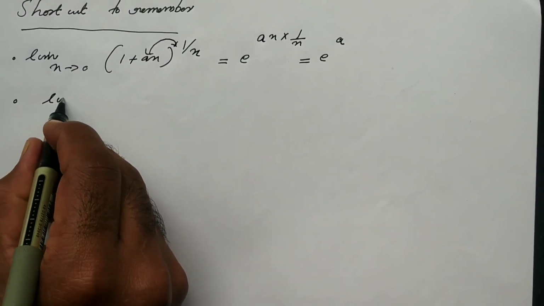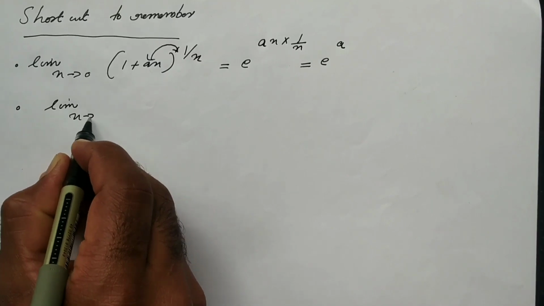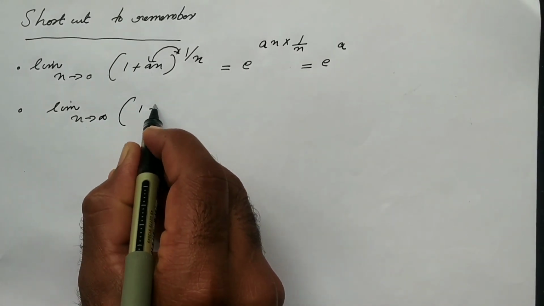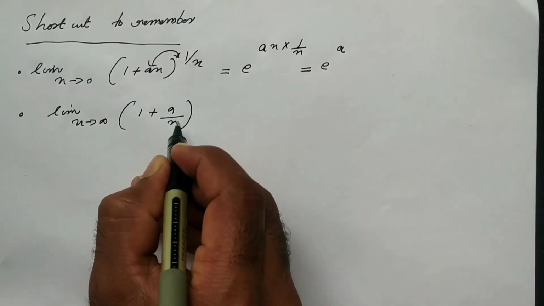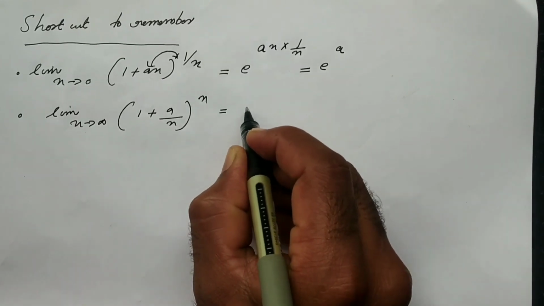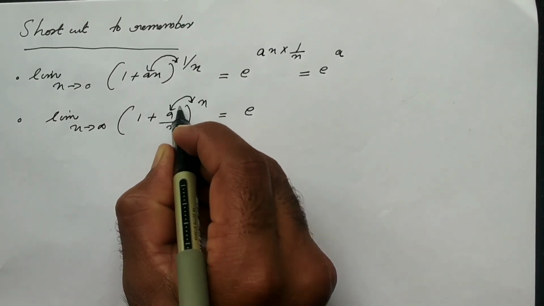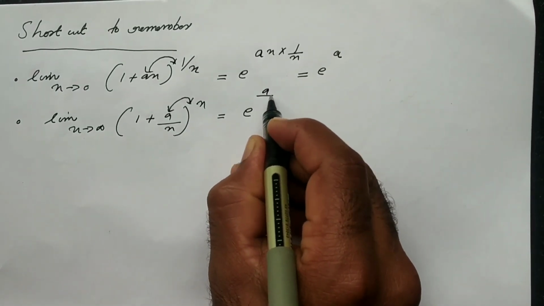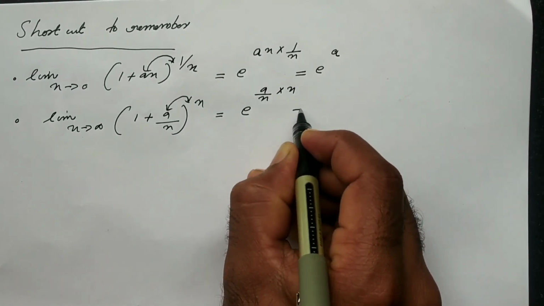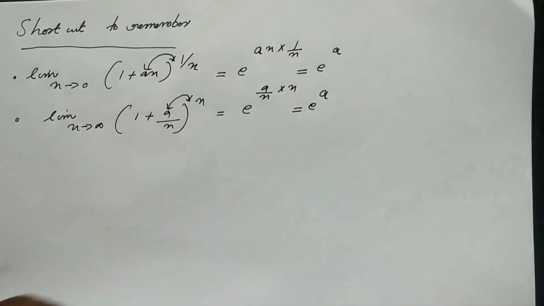If the question is limit x tends to infinity, (1 plus a by x) power x, then also the final answer will be e raised to the product of the terms that come here and here, that is e raised to a by x into x, which is also equal to e power a.